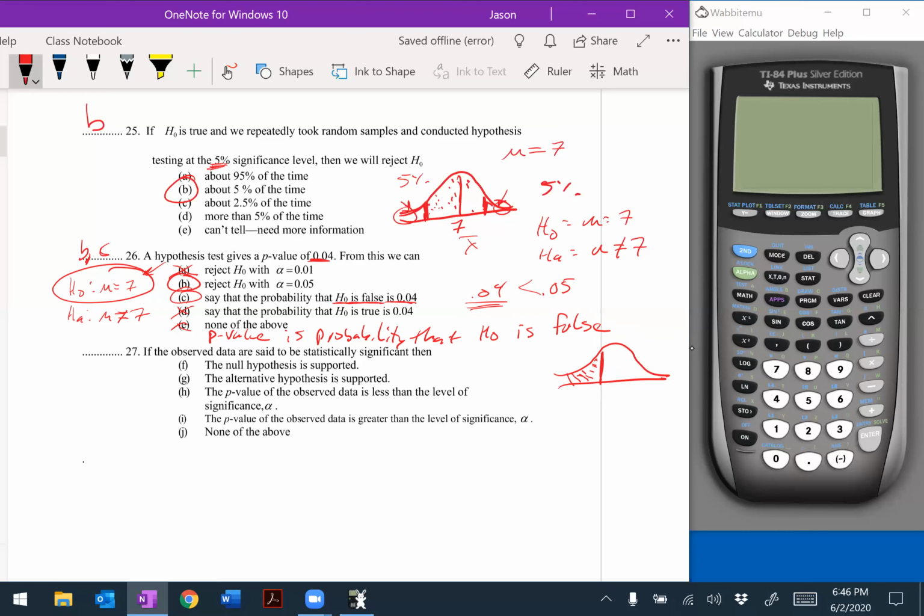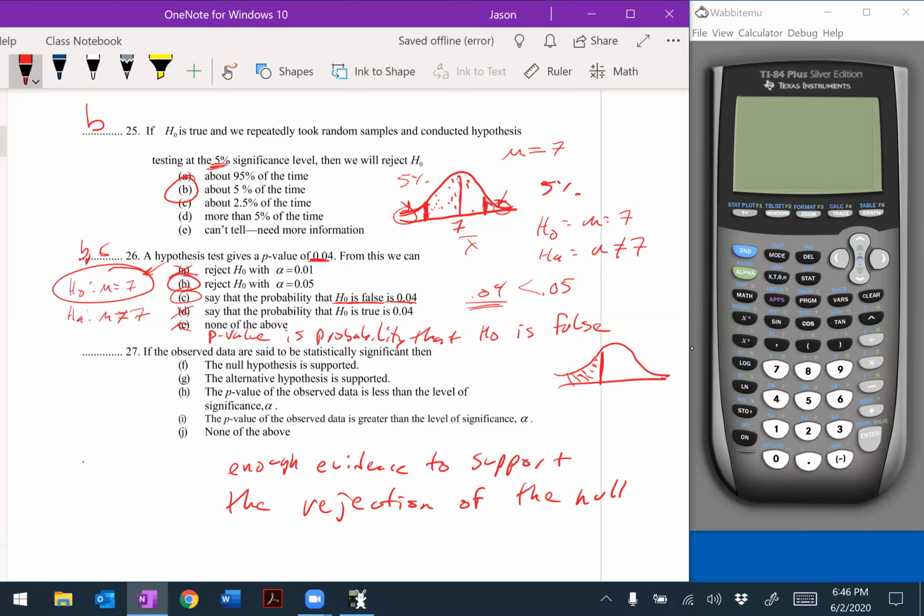Number 27. If the observed data are said to be statistically significant, then what? It means that we have enough evidence to support the rejection of the null.